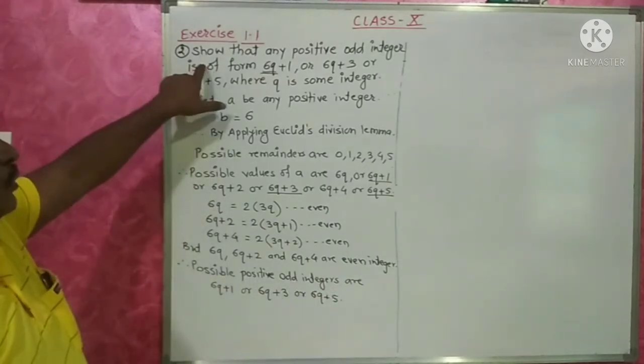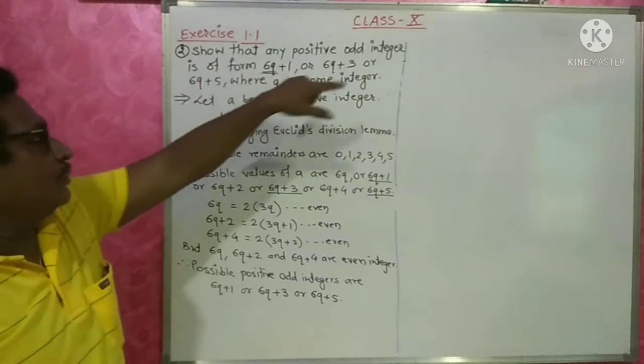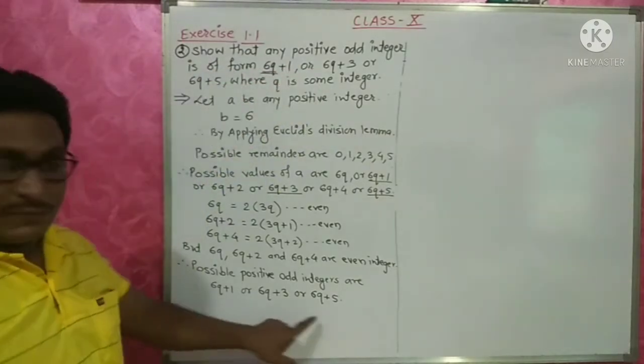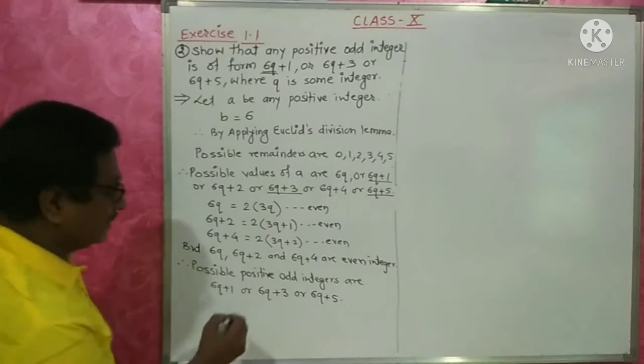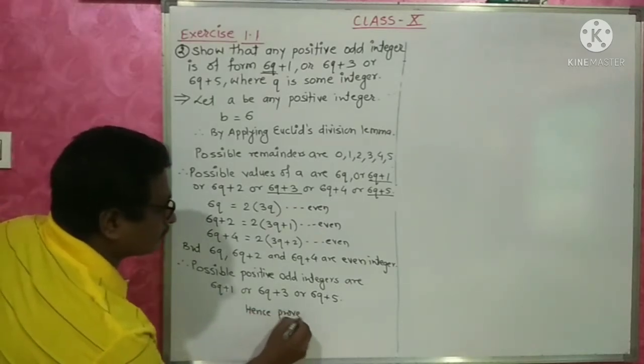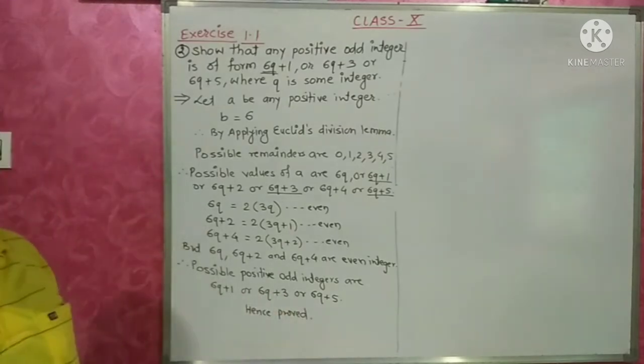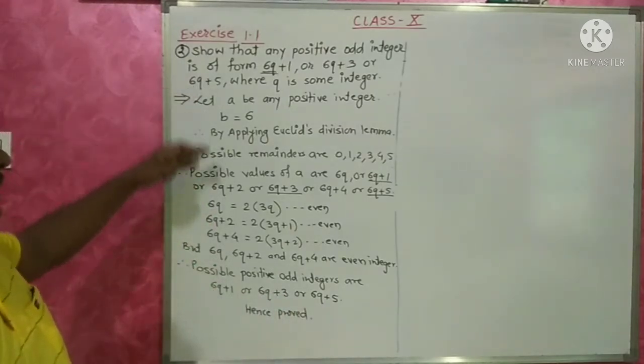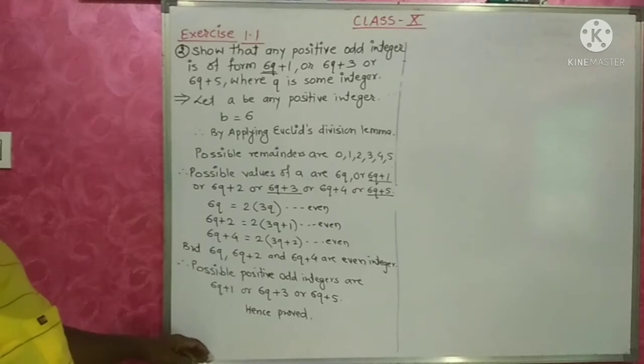That only we have to show. Show that any positive odd integer is of the form. Okay, so hence proved. Understood, students? So in this way we have to show that.